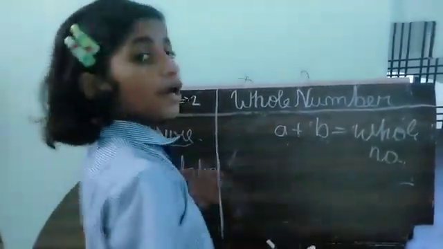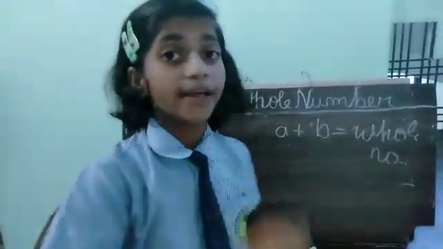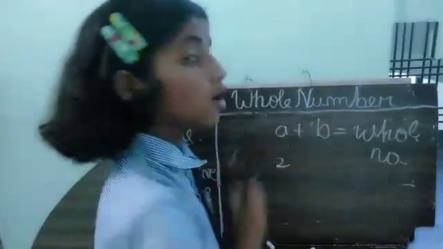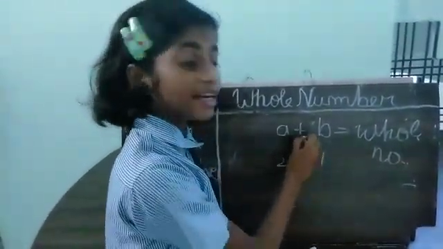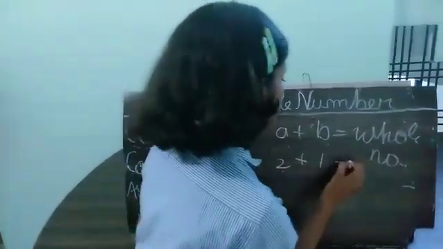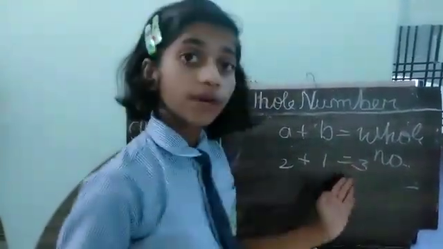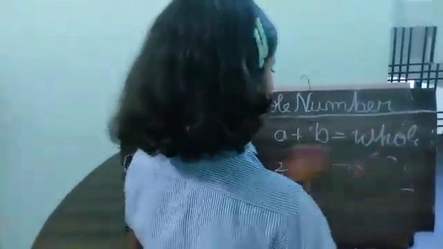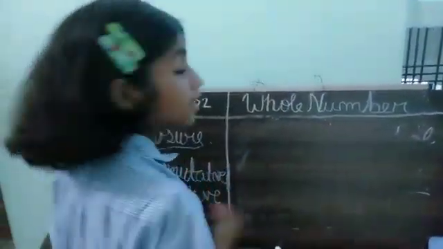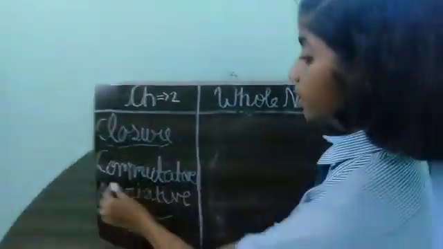You can suppose the value of A is 2 and the value of B is 1. This is the sign of addition. So 2 plus 1 equals 3 and 3 is a whole number. This is our first property of addition.